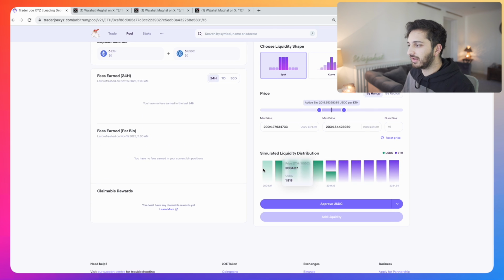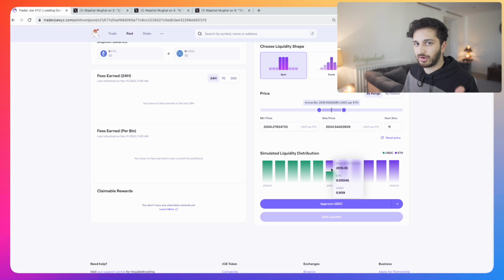And look, you'll be able to see here, this is how liquidity gets distributed. Rather than a curve like on Uniswap, here we've got these liquidity bins on Trader Joe where your liquidity can be distributed, and you can customize exactly how you want your liquidity to be distributed. Now, the active bin is the one that has both of the assets in it. This is where the price is trading at right now, and this is where the fees are going to be earned.